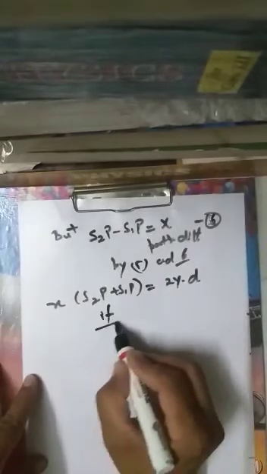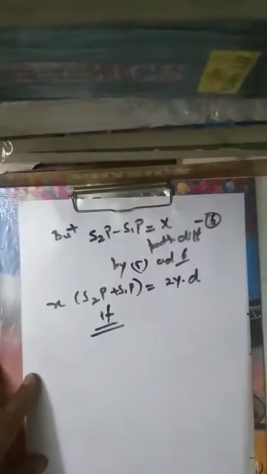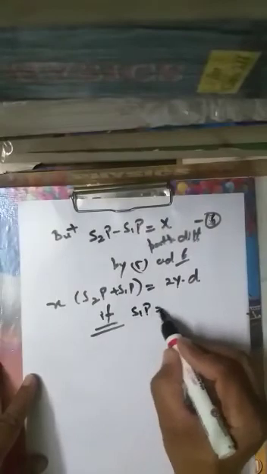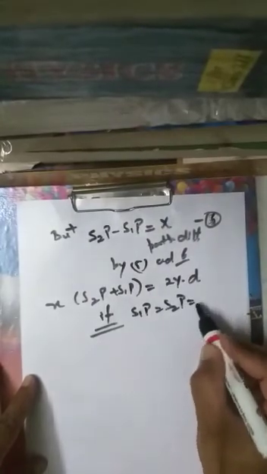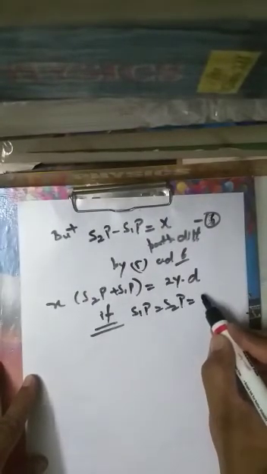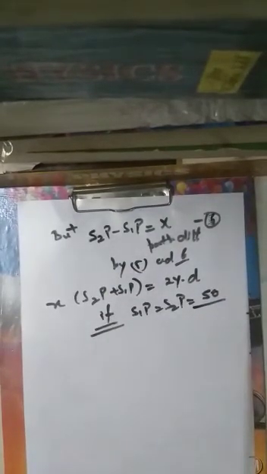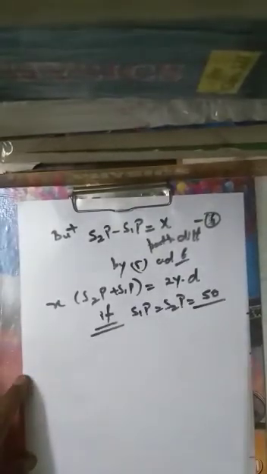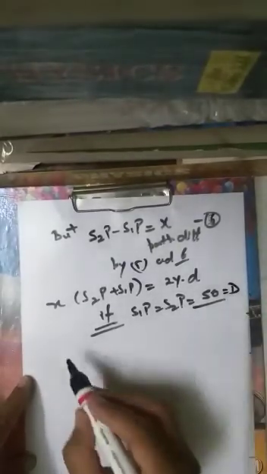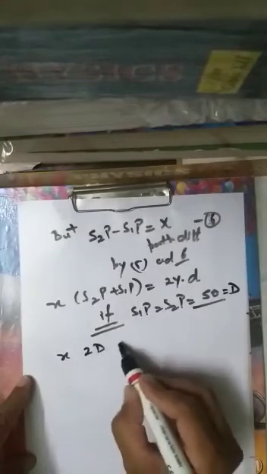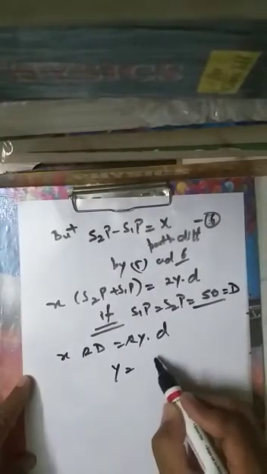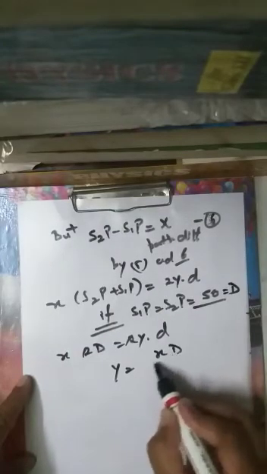If S1P is equal to S2P is equal to SO, because we assume S1 and S2 lie at S and P lies at O, then this becomes capital D. So x into 2D is equal to 2yd, and y is equal to xD upon d.